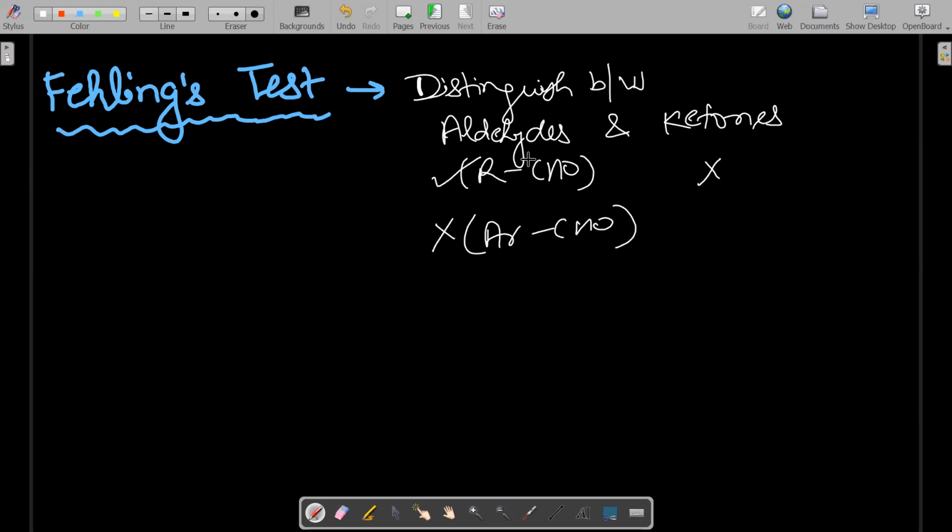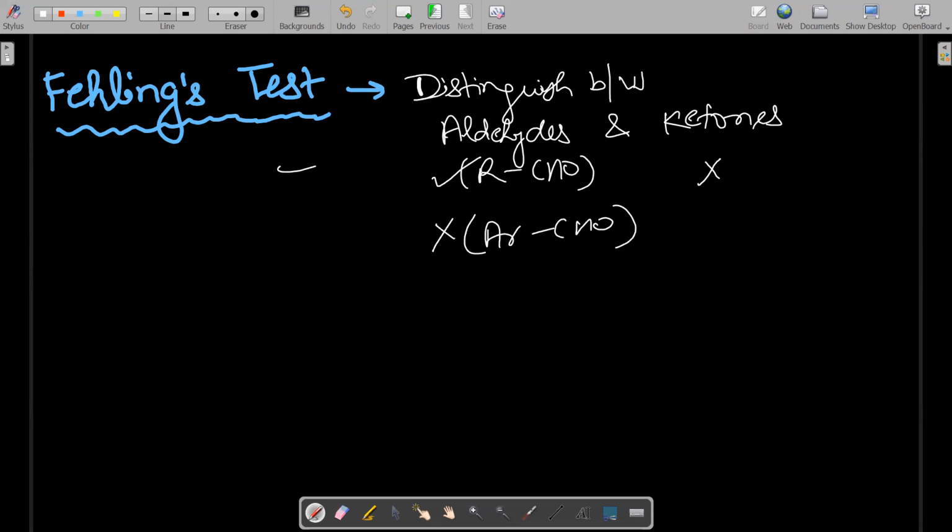So in the exam, if aldehydes and ketones are given, then you can write either Tollen's or Fehling's test. But if aliphatic and aromatic aldehyde are given, then you cannot write Tollen's test. You have to write only Fehling's test. Okay, so now what is this test? First we see the reaction. So in the exam, what will you write first?